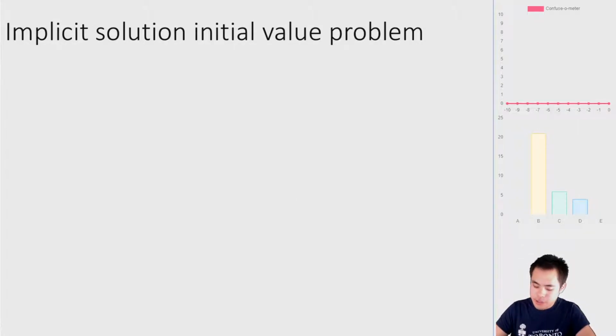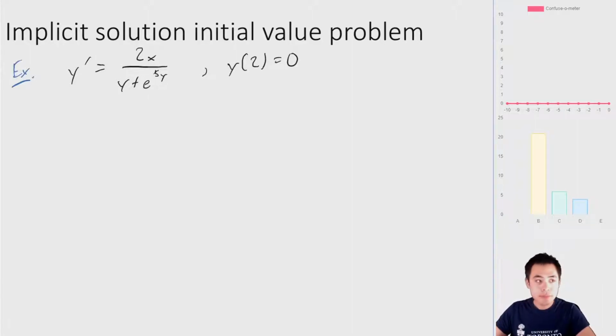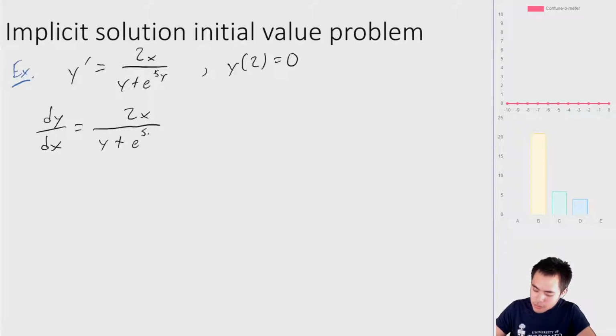So if we have this example here, which is going to be y prime is equal to 2x divided by y plus e to the 5y. Okay, and let's say our initial value is y of 2 is equal to 0. Now this is pretty complicated, but we can rewrite this. dy/dx is equal to 2x over y plus e to the 5y.